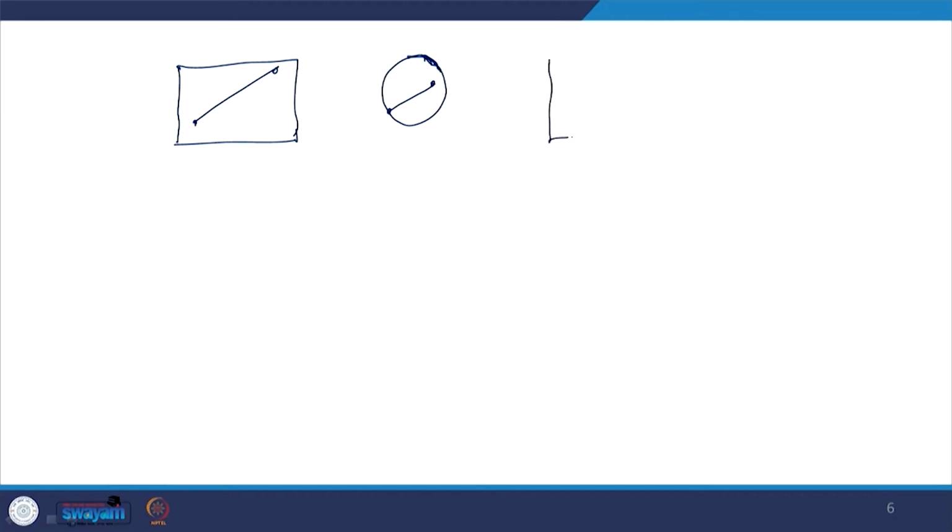If you have a set like this, then it is not a convex set, because if I take a point here and a point here, the line joining these 2 points is not entirely inside the set. This portion of the line is outside the set. So, it is not a convex set.